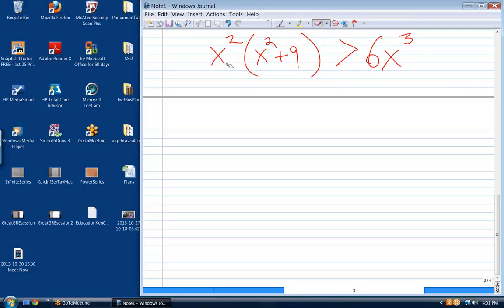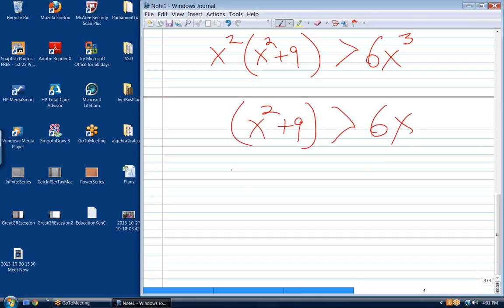But I hadn't seen a problem like this before, where you should be able to divide both sides by x squared. The only thing we might lose is a solution of 0, and I can tell that is not a solution. When x is 0, 0 is not greater than 0. So I don't need to worry about that. I think I could take a shortcut here, divide both sides by x squared, and end up with this.